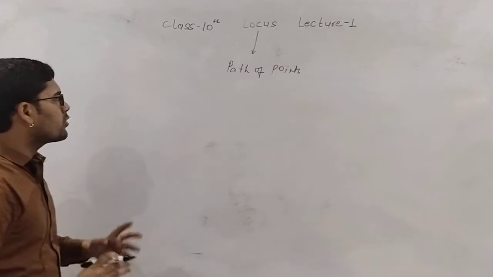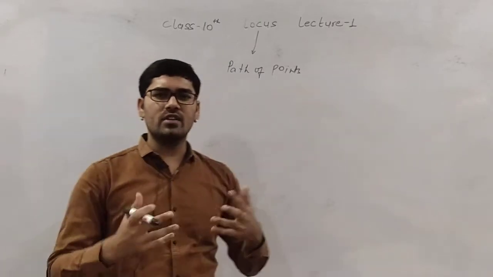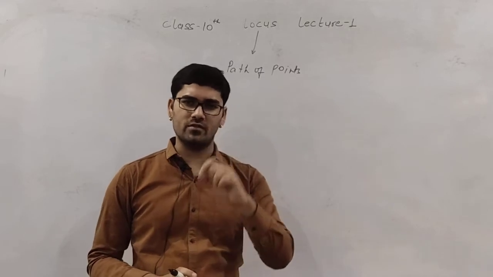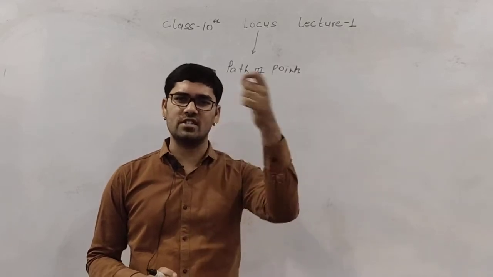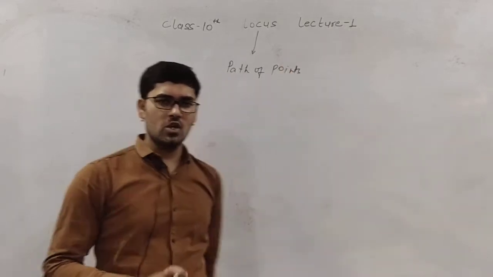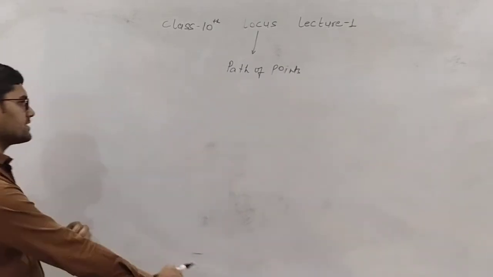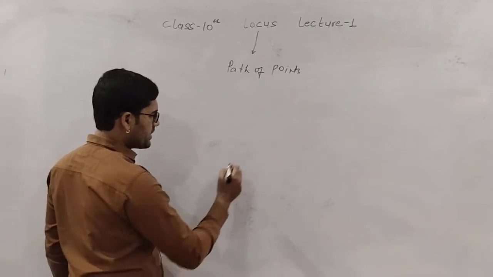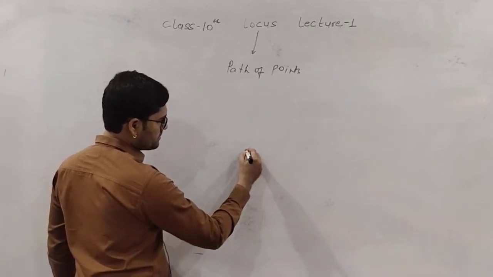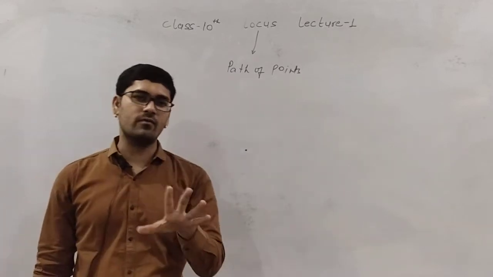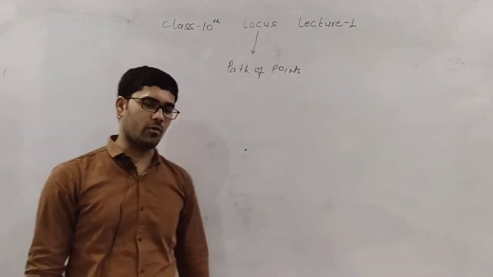I am going to tell you with the help of some examples, from 1 point to 2 points, then 3 points, then 4 points, many points. To understand the locus, you need to first understand this. Suppose that there is a point, only a single point, and I am finding the locus for this single point.